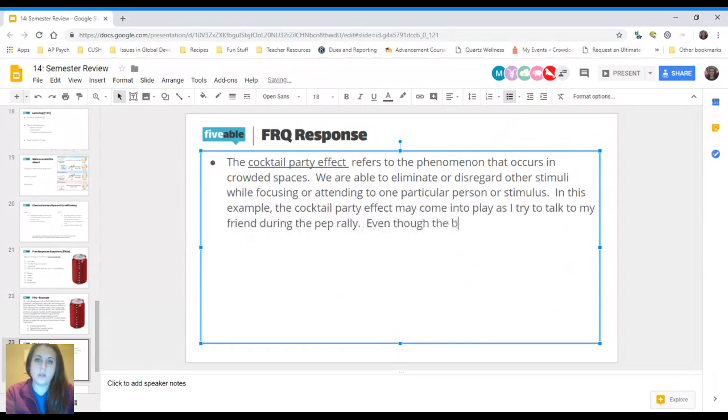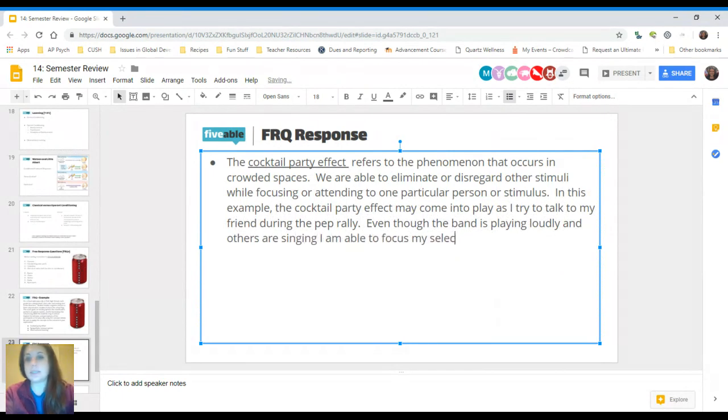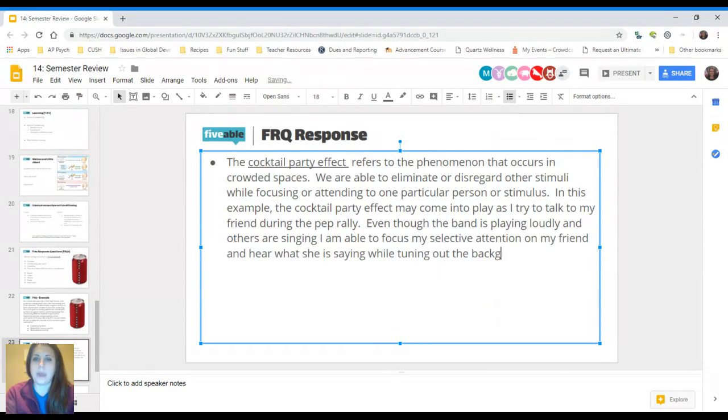Even though the band is playing loudly and others are singing, I am able to focus my selective attention, that's a good way of throwing in a vocab word, on my friend and hear what she is saying while tuning out the background noise.